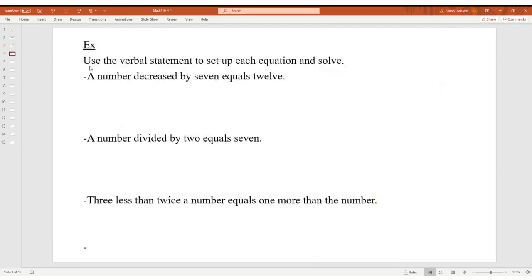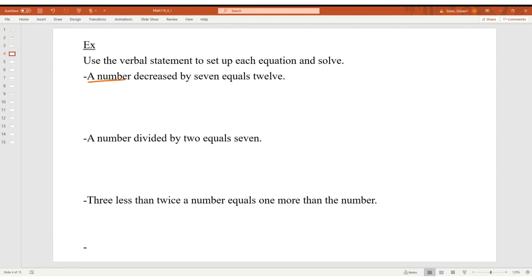I'll do these three statements and change them into equations. Then I'll give you three and you change them into equations. The first one says a number decreased by 7. Decreased, take away, minus, those represent subtraction. When I say a number, that's unknown.